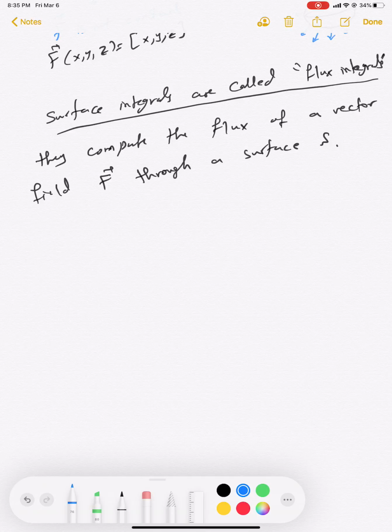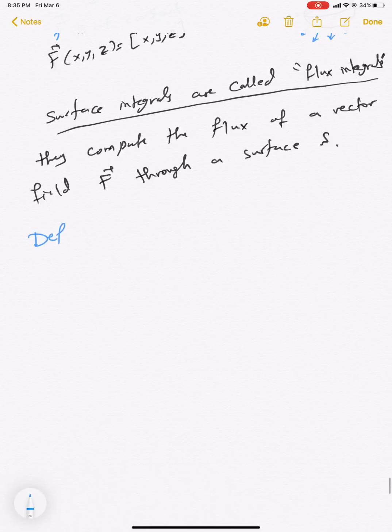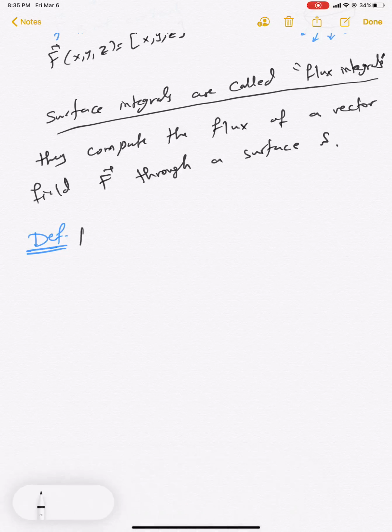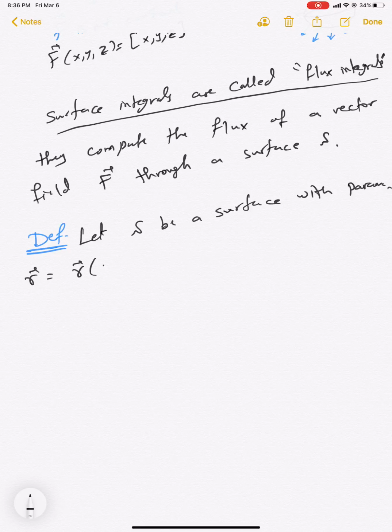So the definition, our definition: let S be a surface with parameterization R equals R(u,v), and remember when we have a parameterization, the u and v in most cases belong to a certain domain.